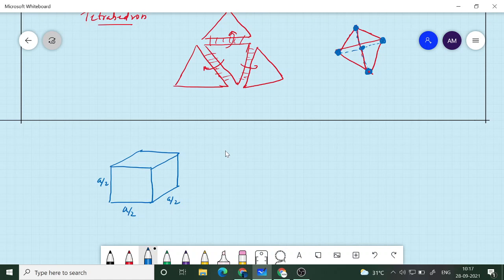Suppose this was our earlier origin, you put a silicon atom there, and then at a by 2 you have a silicon atom, and you will have a silicon atom at this point. This is also a location where you have a silicon atom.